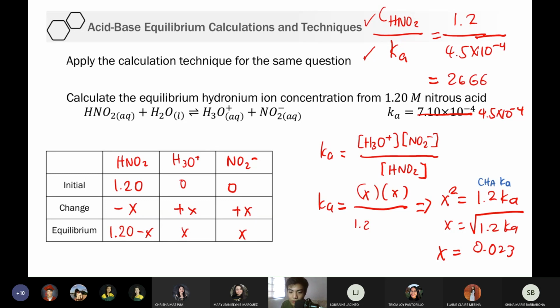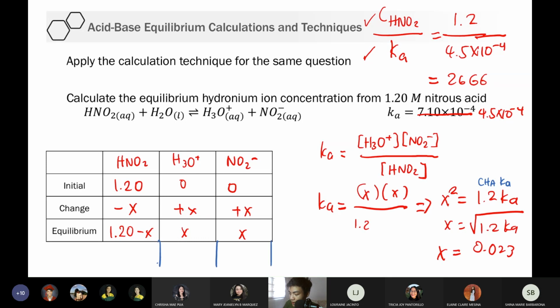Okay, so check nyo yung notes nyo last time. Same x value pa rin yung nakuha natin, diba? So, yan yung square root of CKa or the small x approximation. And hindi dyan natatapos yung x. Hindi tayo natatapos sa pag-solve ng x. Dito tayo matatapos when we determine the actual equilibrium concentrations.